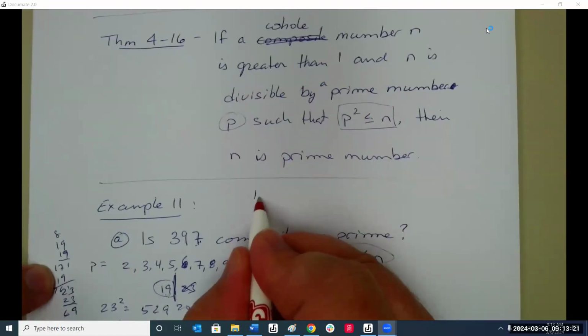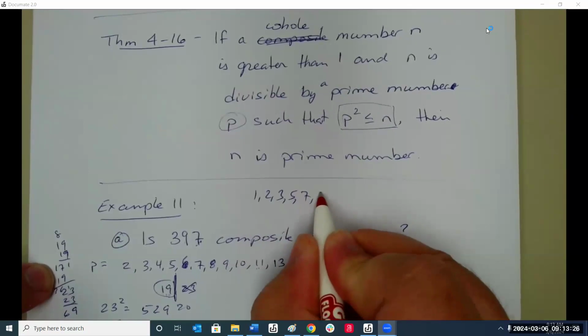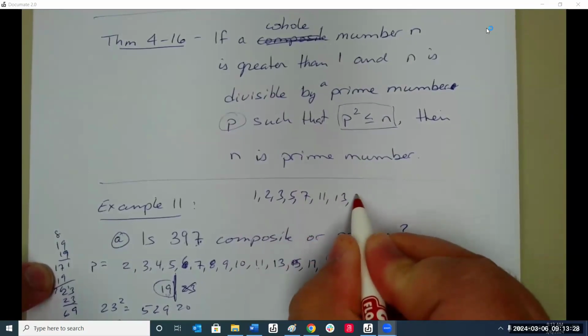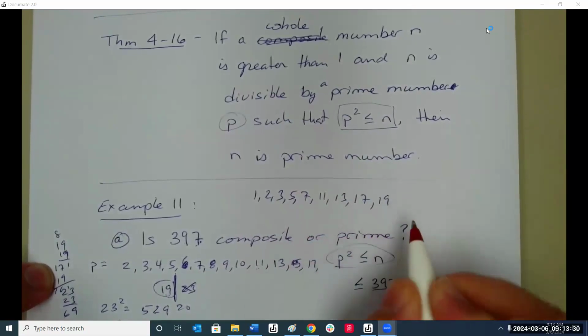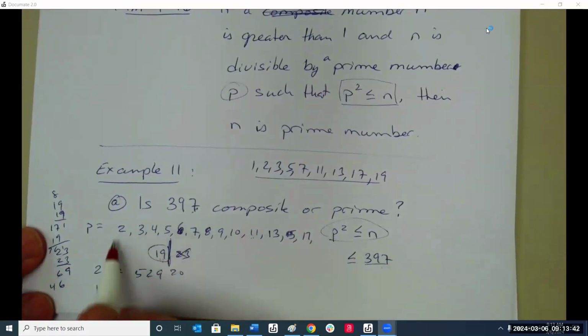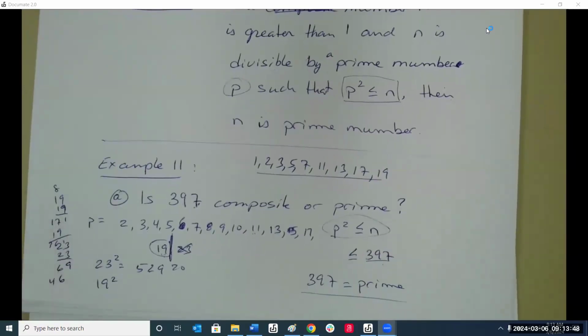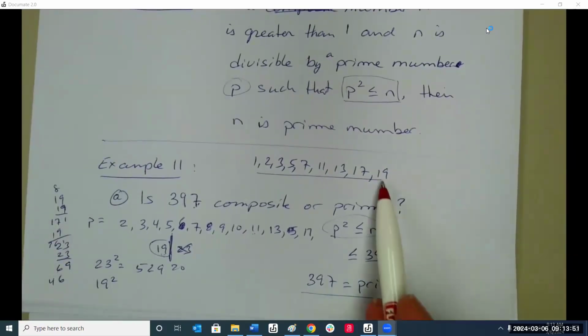So we only have to look at 2, 3, 5, 7, 11, 13, 17, 19. Those are all the numbers we have to check. Anything over 19 won't satisfy this condition. So because of that, we know that 397 is a prime number, because none of these are divisible into there.